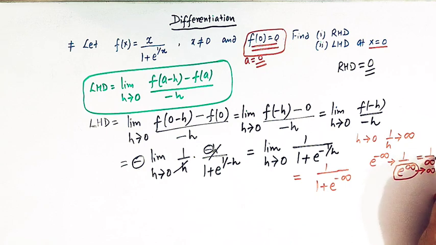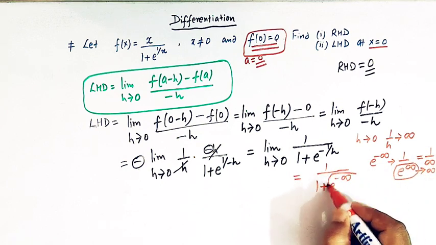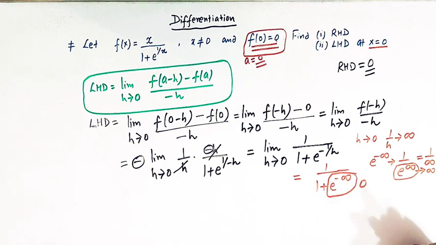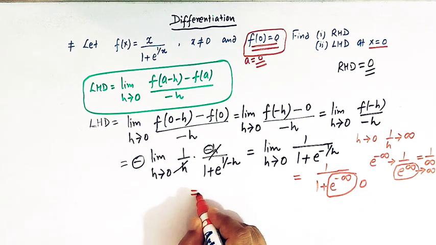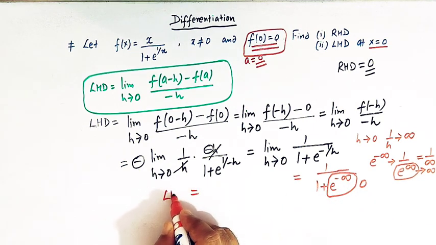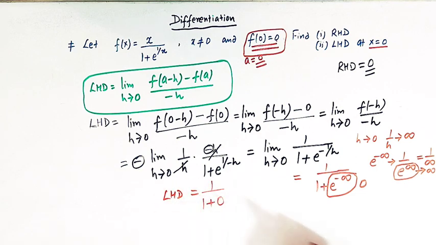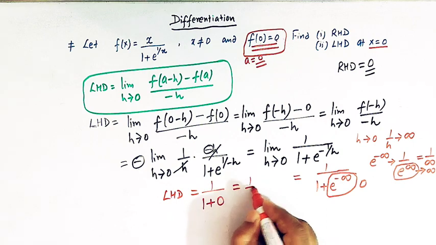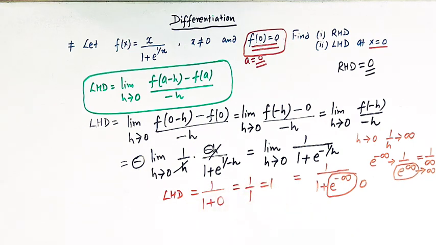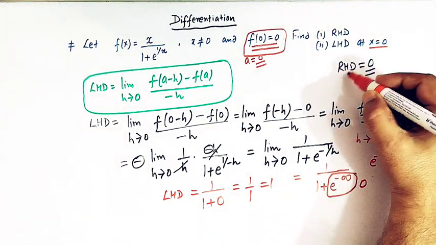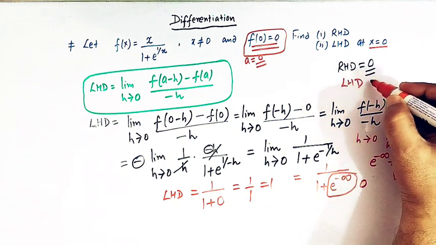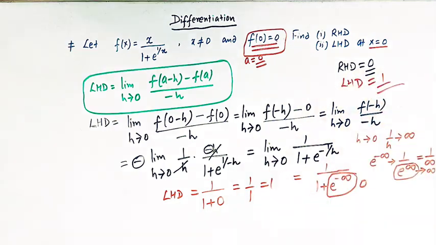That is 1 divided by some large number, so this quantity is 0, right? So we can now write the left-hand derivative as 1 over 1 plus 0, that is 1 over 1, which is equal to 1. So the left-hand derivative is equal to 1, right?